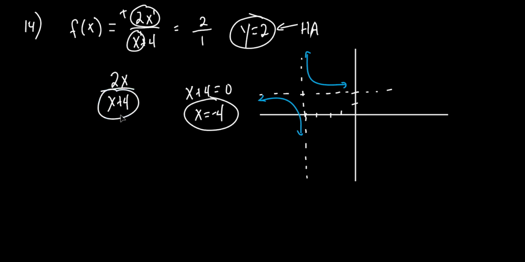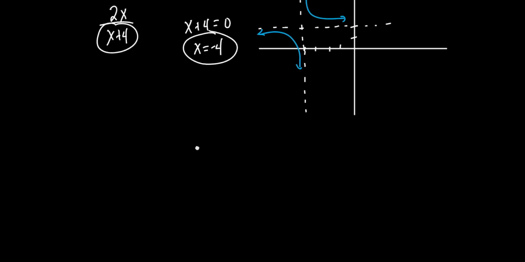Ready to do another one? Let's do another one where they're not the same. 15 is a good one. So 15 is f of x equals x squared over x plus 6.